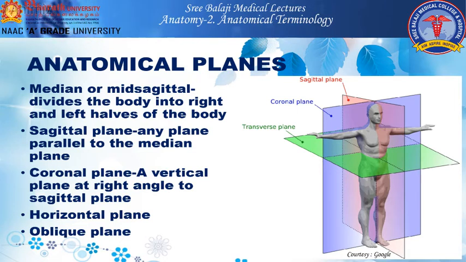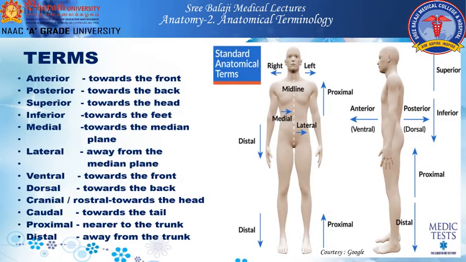Then what is a sagittal plane? Any plane which is parallel to the median plane is called a sagittal plane, and a coronal plane is a vertical plane at right angles to the sagittal plane, and of course you all know the horizontal plane and oblique plane.